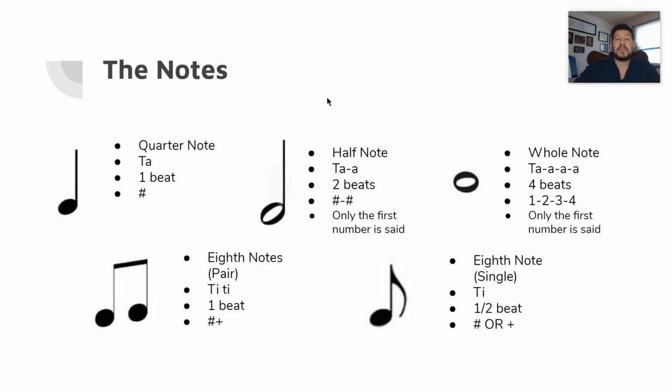Now this is important because if you can see right there, there are 2 number signs and the half note receives 2 beats. So that means that you are going to have both the first and the second number of the beat. Remember, it's not always just 1 and 2. It is the first and second number of the beat.